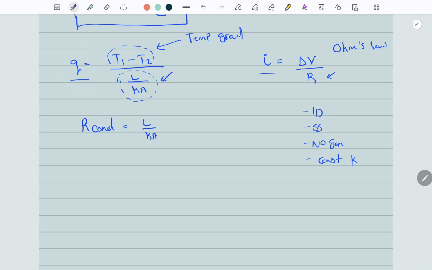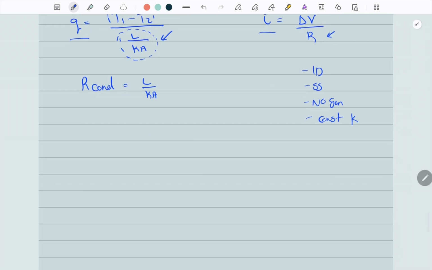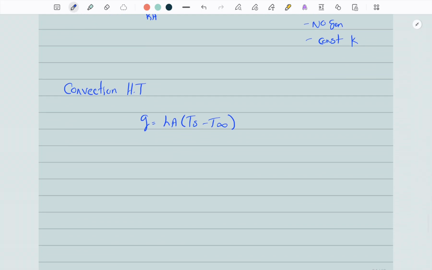But to keep going, the same thing could apply to convection heat transfer, where Q equals hA times the temperature of the surface minus the temperature of the surrounding.